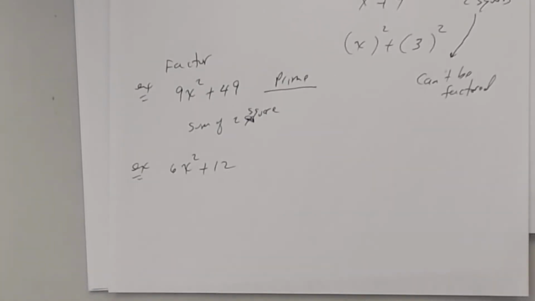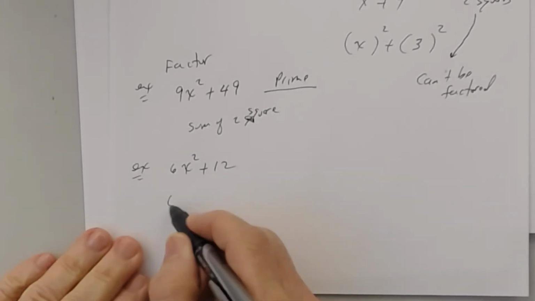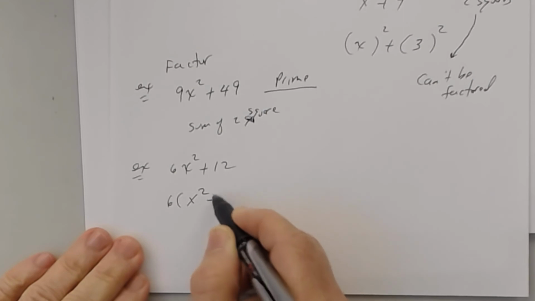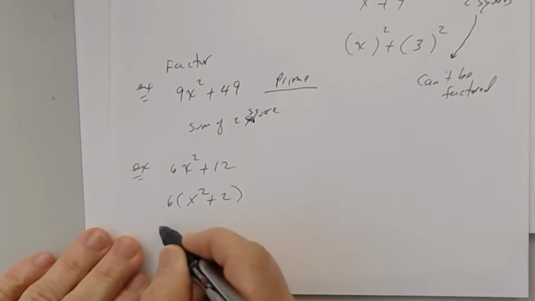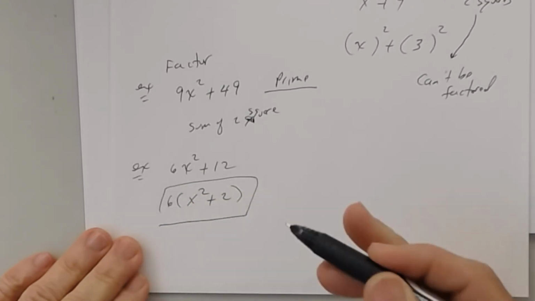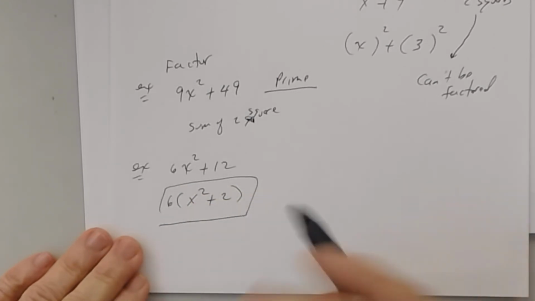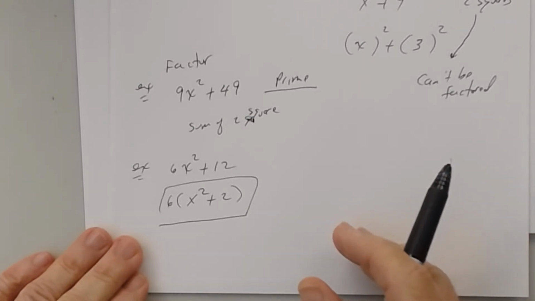I see a plus symbol. Am I going to say prime? No, because there's a GCF. What's the GCF? 6. So I get 6 times x squared plus 2. Okay? So that's your answer. You don't say prime because I can factor. Remember, one thing in factoring is to use a GCF.